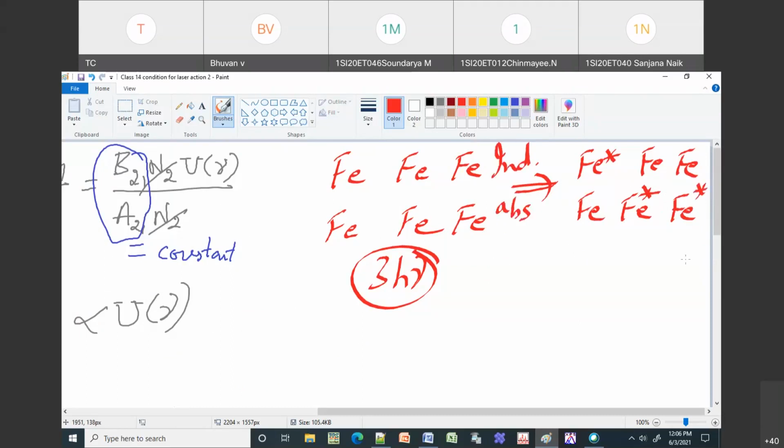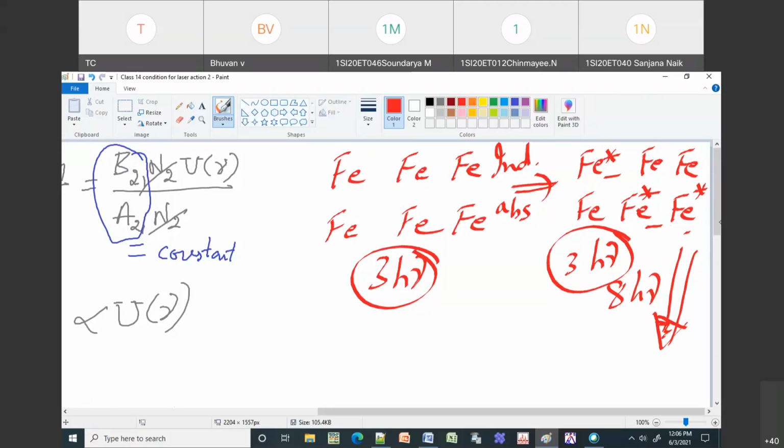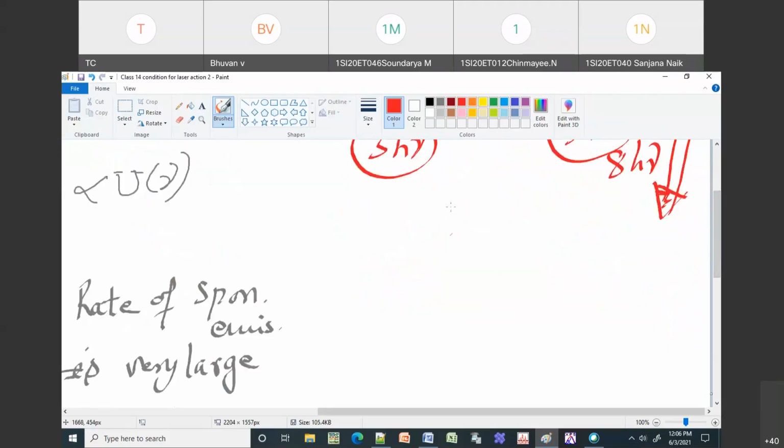Now instead of giving 3 photons, if I give more, even 6 or 8 photons, maybe some of the photons will undergo induced absorption, but still you have 3 atoms in the excited state. So even in that case, you will get a minimum of 3 pairs of coherent photons.